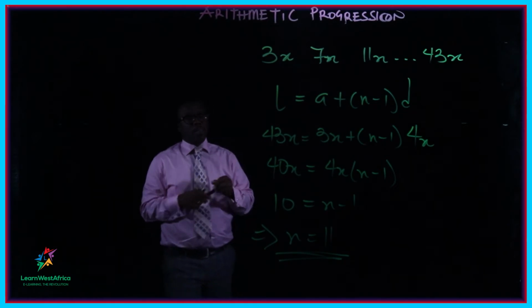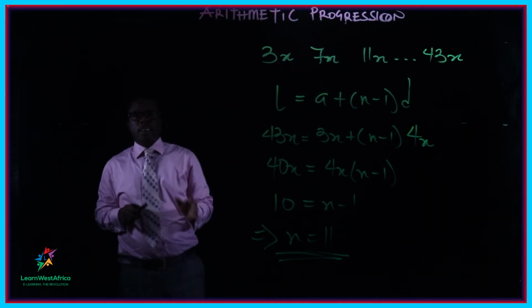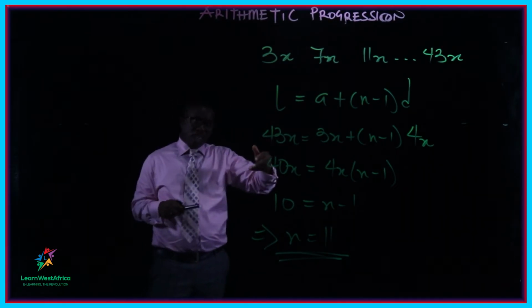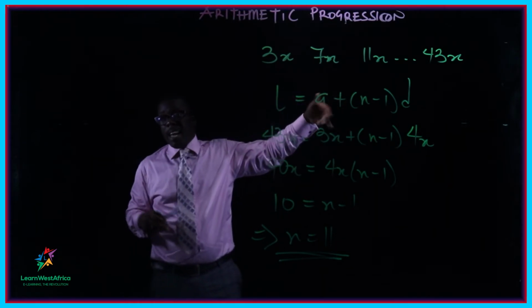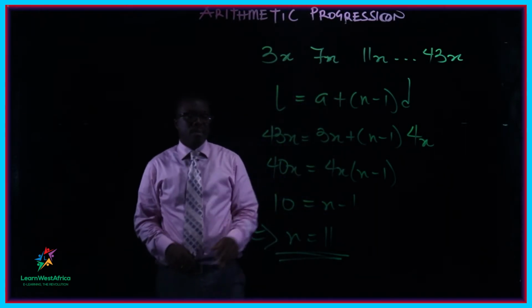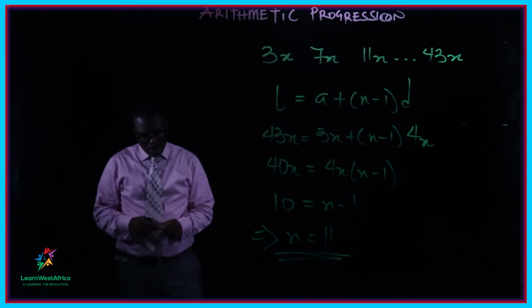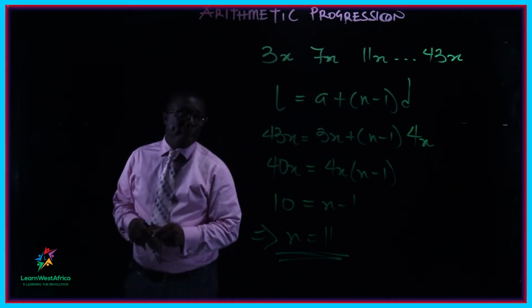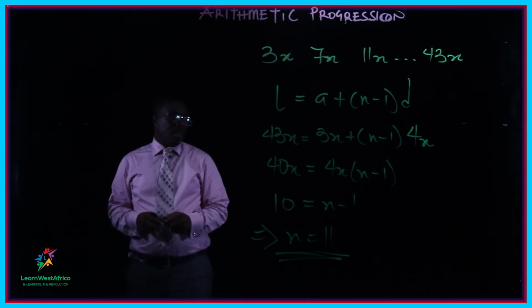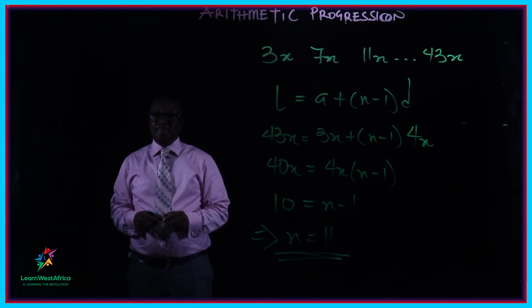So this AP that starts from 3x, goes to 7x, 11x, and ends at 43x has got 11 terms. That is what this part wants to tell us. So you have your value there, 11 terms.